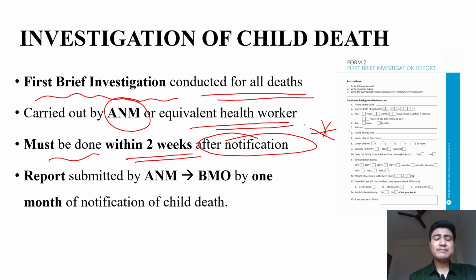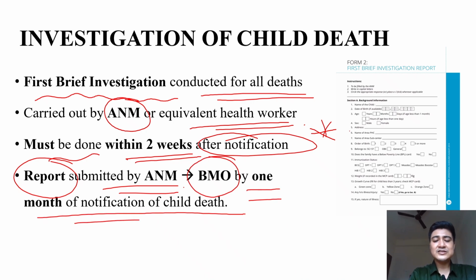The investigation by the ANM for the child death review is to be done within 2 weeks. The ANM submits the report after her investigation to the block medical officer within 1 month of notifying the child death case. Okay, this is the first brief investigation which is done by the ANM.